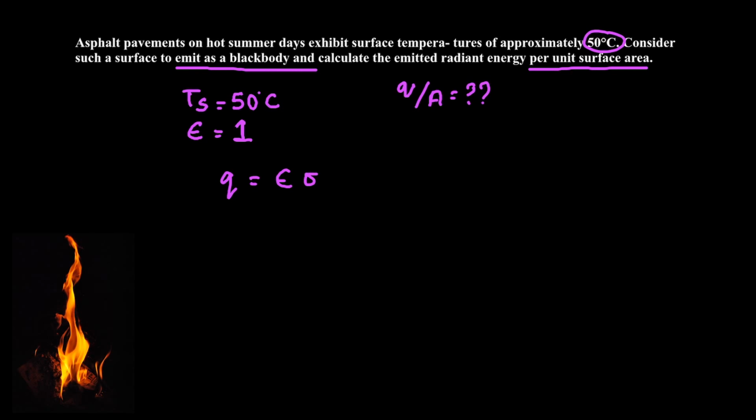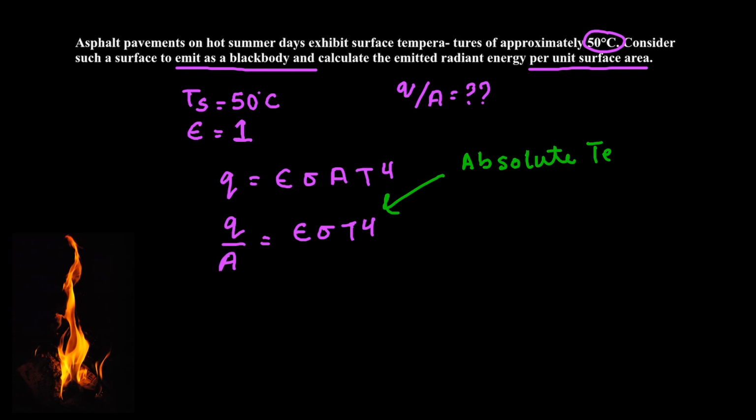So Q equals emissivity sigma A T to the 4th. Now Q over A equals E sigma T to the 4th. And what did we say for this temperature? It's absolute. Thereby, this is 273.15 added. Right, so we know that E is 1, Stefan constant 5.6697 times 10 to the negative 8.